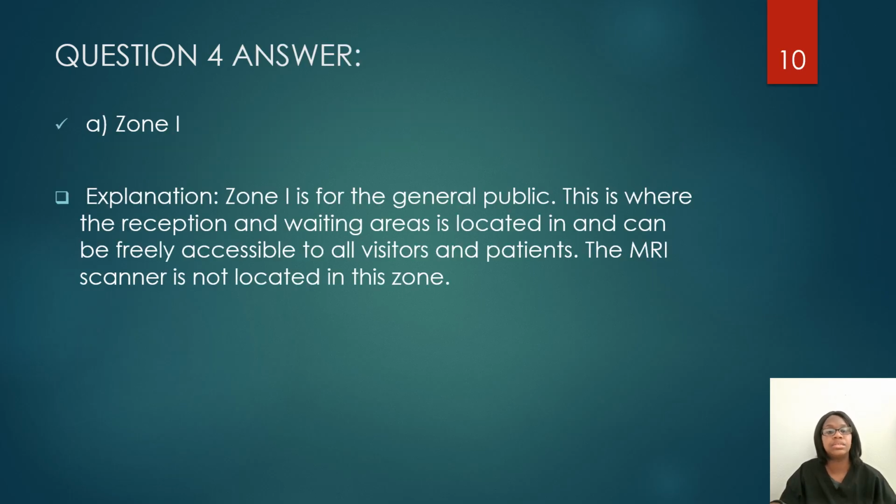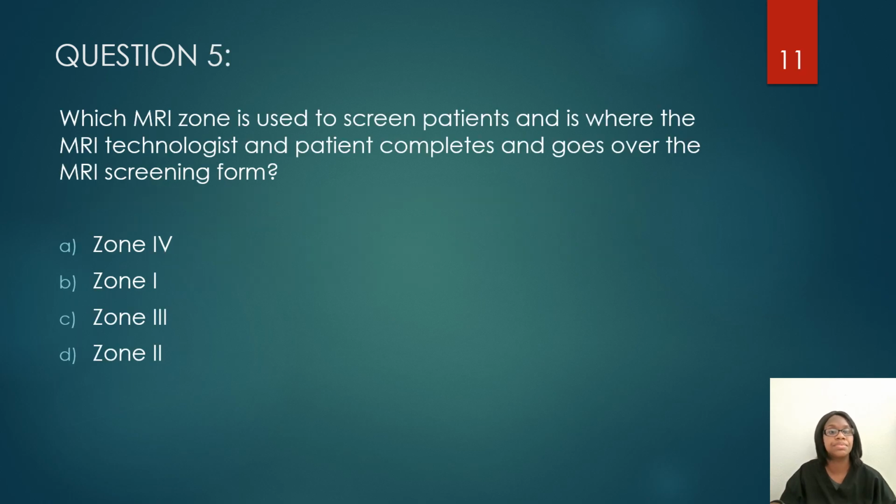Zone 1. So zone 1 is for anyone. You can just walk freely. You do not have to be screened. You can go to the reception area, the waiting areas, and the MRI scanner is not located in this zone, so that's why you're not being screened. It's just for anyone to walk up and down freely.